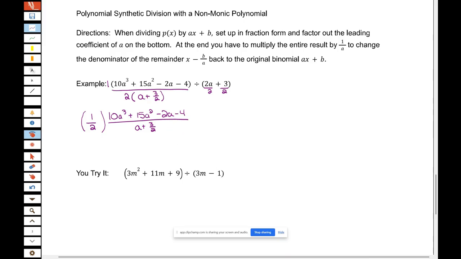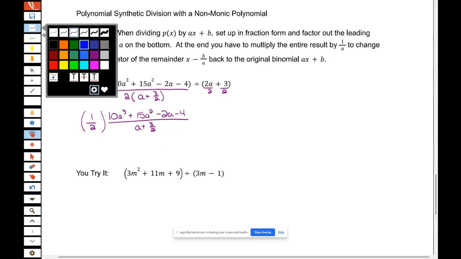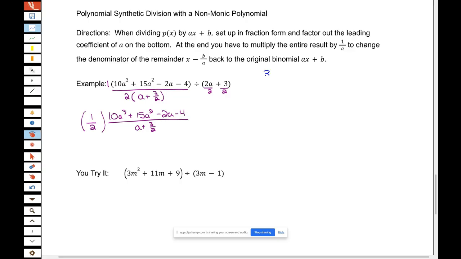So if I'm going to do synthetic division on this, I'm going to put my 3 halves in the box, but because it's a plus 3 halves, that means the root is negative 3 halves. I've got my powers 3, 2, 1, none, so I'm going to write my coefficients 10, 15, negative 2, negative 4.